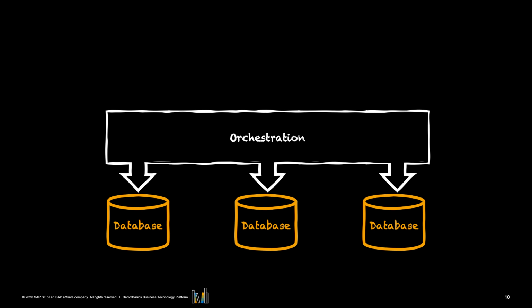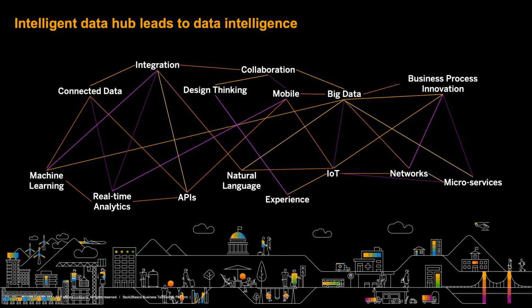Let's briefly introduce the other two, even if they will be elaborated in another video. A data lake is a storage repository that holds a vast amount of raw data in its native format, including structured, semi-structured, and unstructured data. The data structure and requirements are not defined until the data is needed.